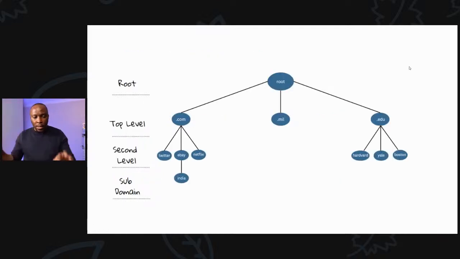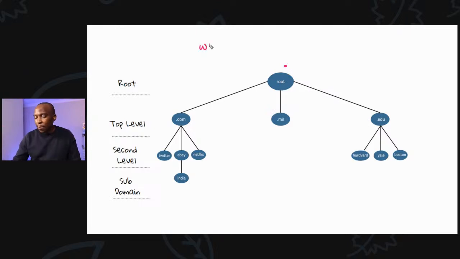So the highest point of the DNS hierarchy is known as the root, right? Root is represented by a dot. And we don't include this dot when we write a fully qualified domain name. And what do I mean?